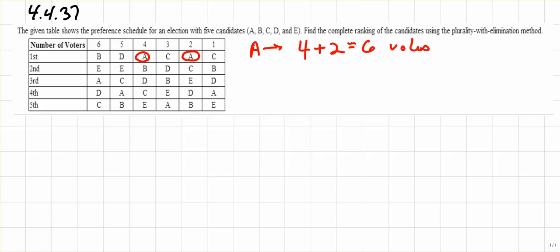And these are first place votes. And then we're going to look at candidate B. We see that B has 6 first place votes. And then we will look at candidate C. C has a total of 4 first place votes. So we have 4.